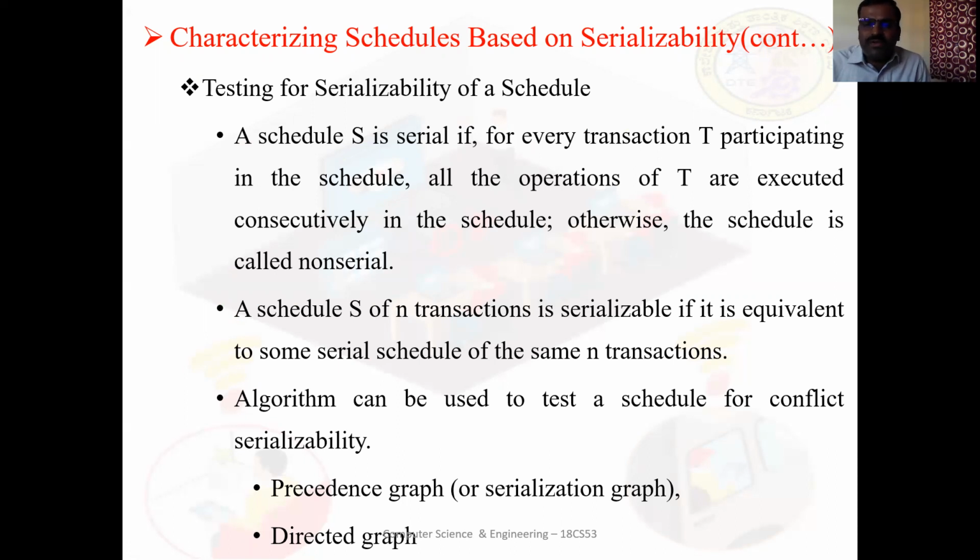An algorithm can be used to test a schedule for conflict serializability. The algorithm looks at only the read_item and write_item operations in a schedule to construct a precedence graph.